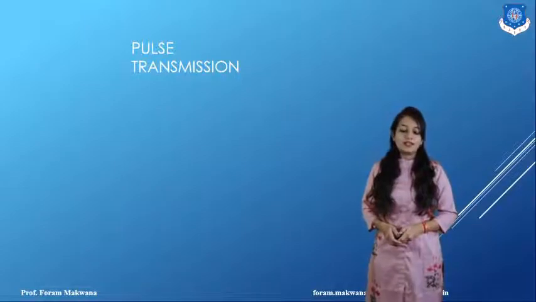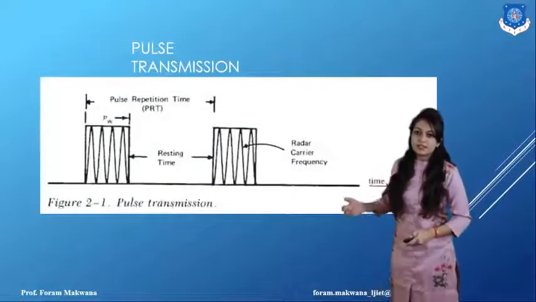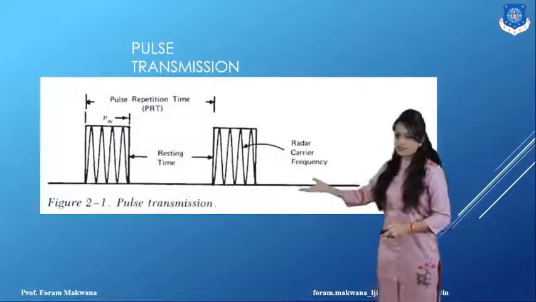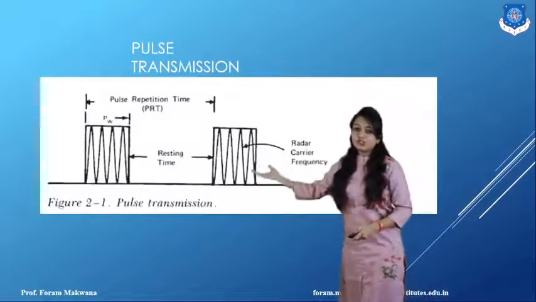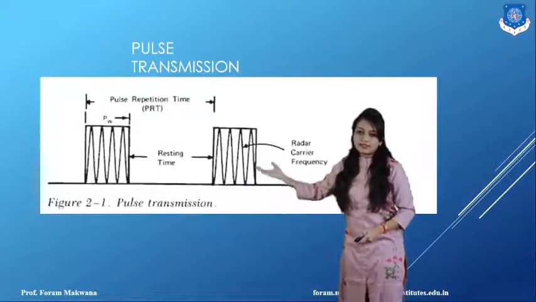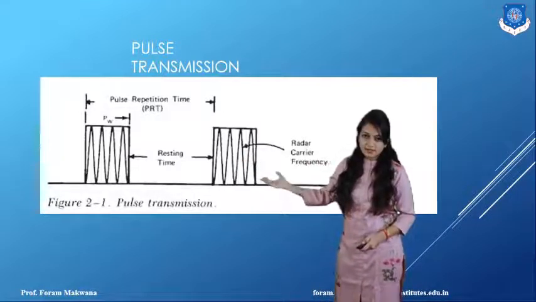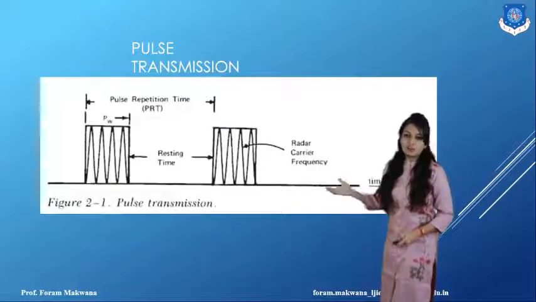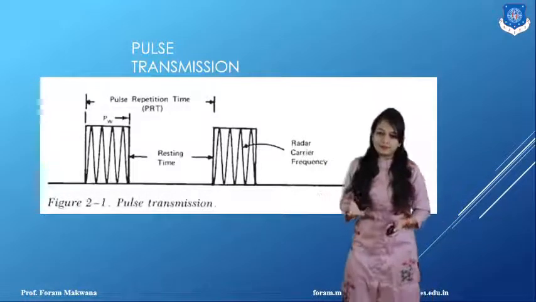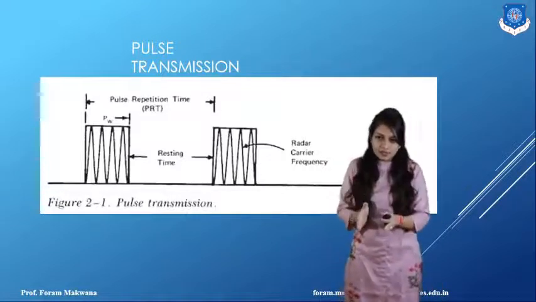Now, what does pulse transmission mean? Over here, this is the time axis, and this is my first pulse; after some resting time, this is the second pulse. First we transmit the first pulse.